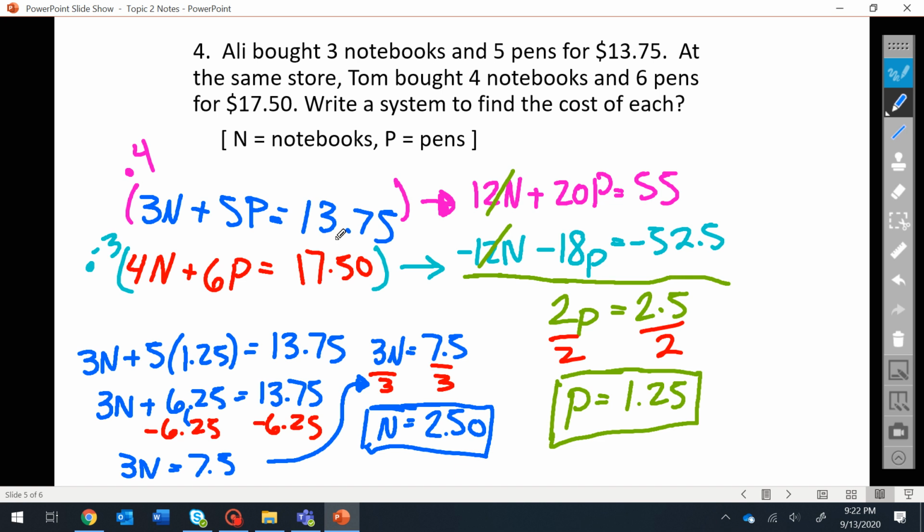So when we want to know the cost of the pens and the notebooks, our ordered pair, n comma p, would be $2.50 for the notebook, $1.25 for each pen.